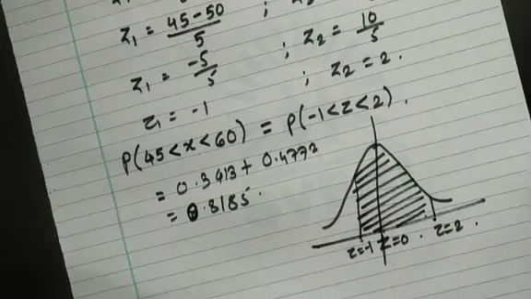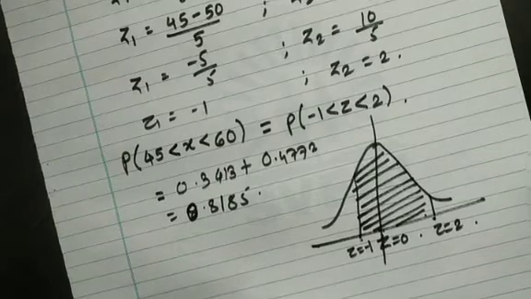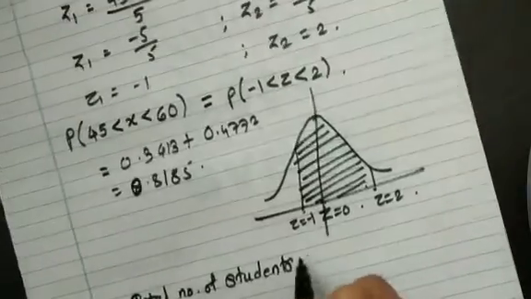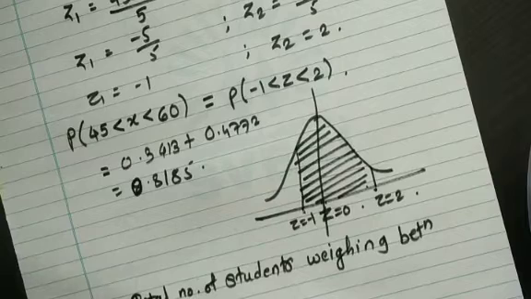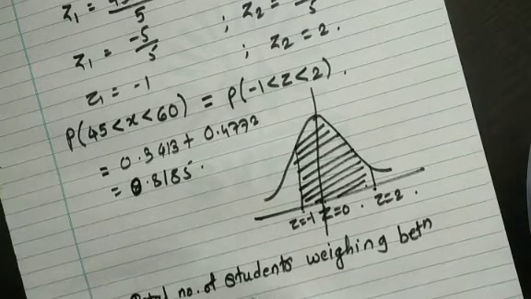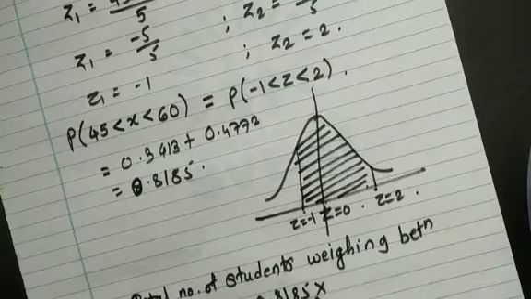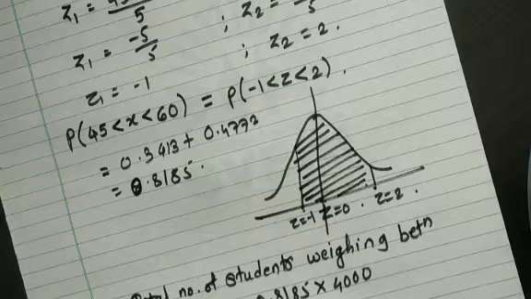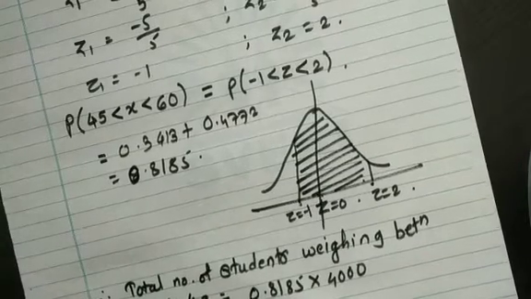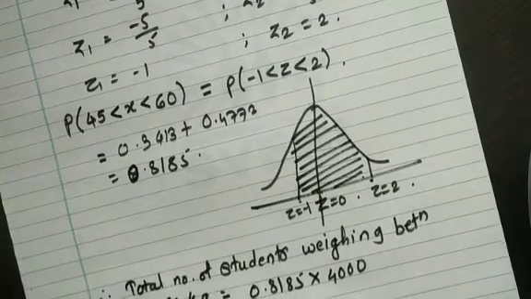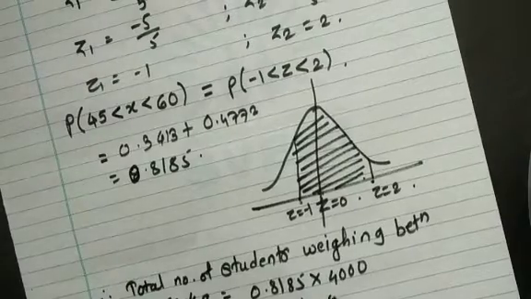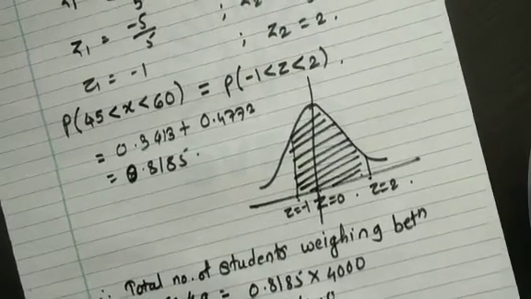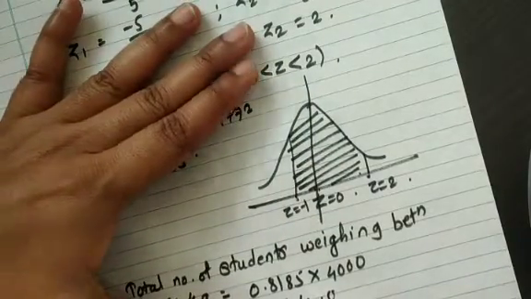Therefore, finally we can write the total number of students weighing between 45 and 60 kg is equal to the probability into the total number of students, that is 4000, which is equal to 3274.0 something. So it is nearly equal to 3274 students.